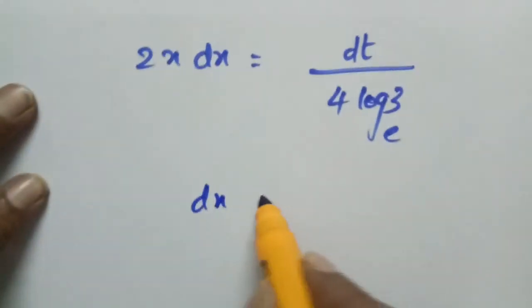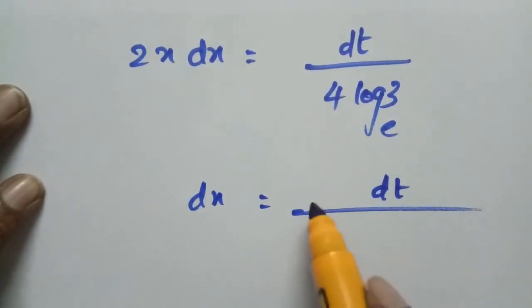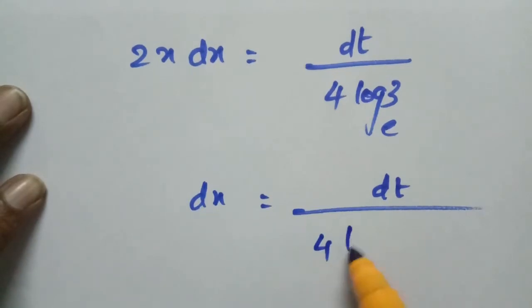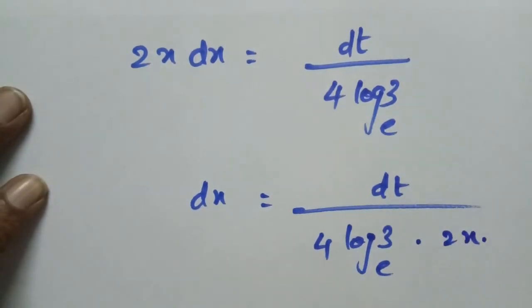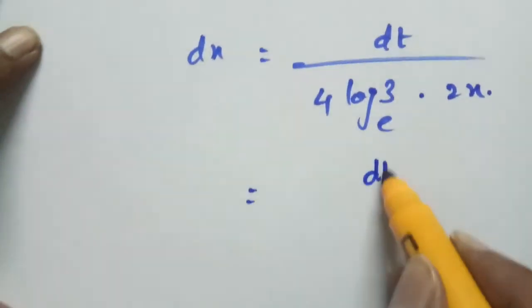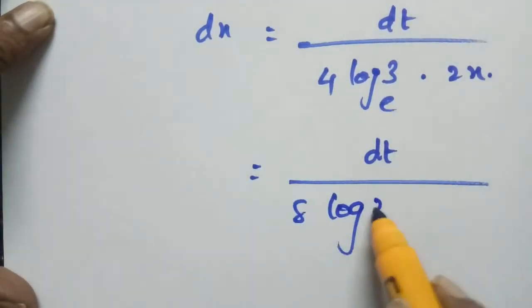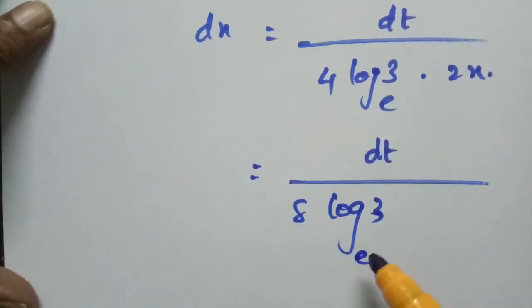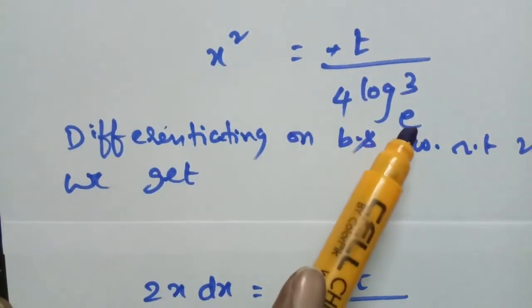Therefore, dx is equal to dt by, cross multiplication, 4 log 3 base e into 2x. That is equal to dt by 4 into 2, 8 log 3 base e into x. Here x square is equal to t by 4 log 3 base e.